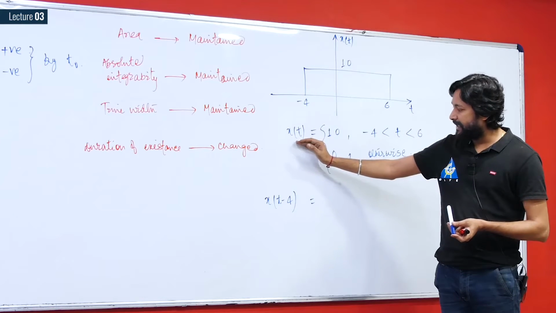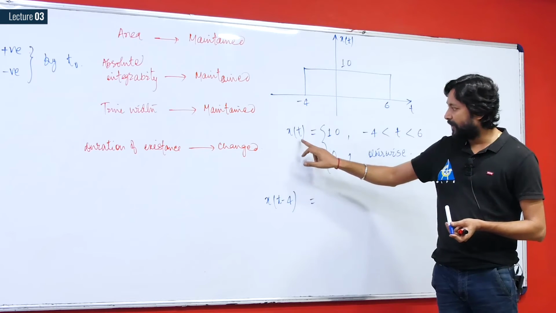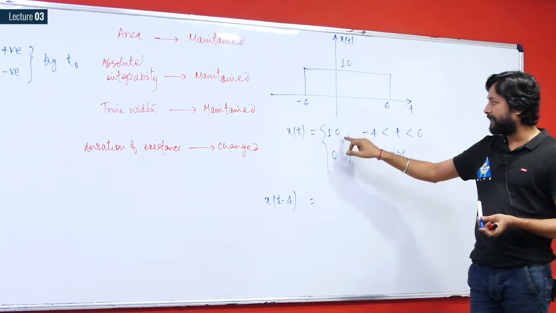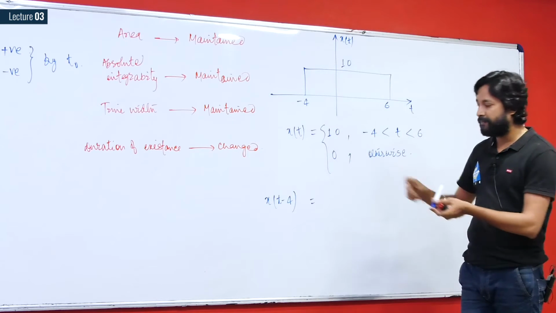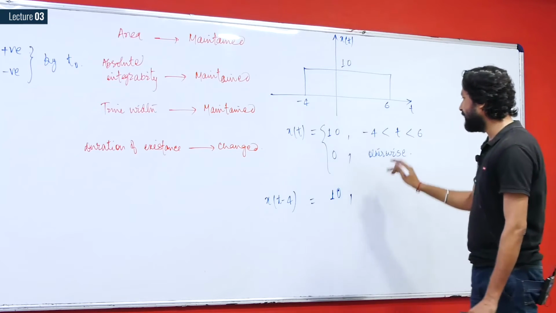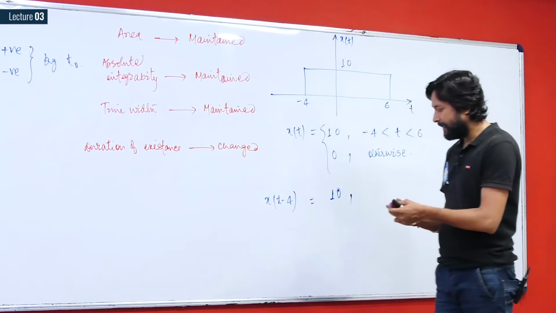So if you have replaced t by t minus 4 on the left hand side, then you must replace all t on the right hand side also. As this value is independent of t, there will not be any change in this value. So this x of t minus 4 will again have value 10 only, but now you will have to replace this t by t minus 4.